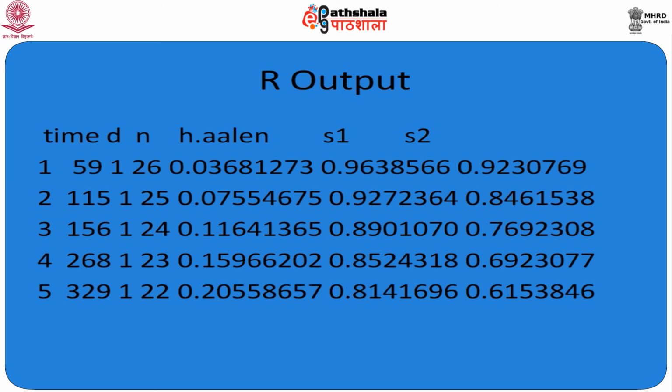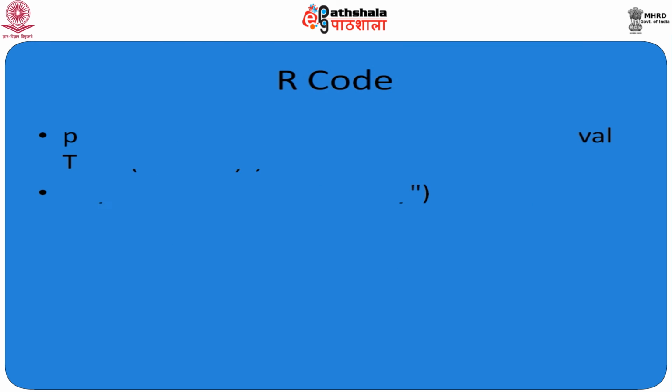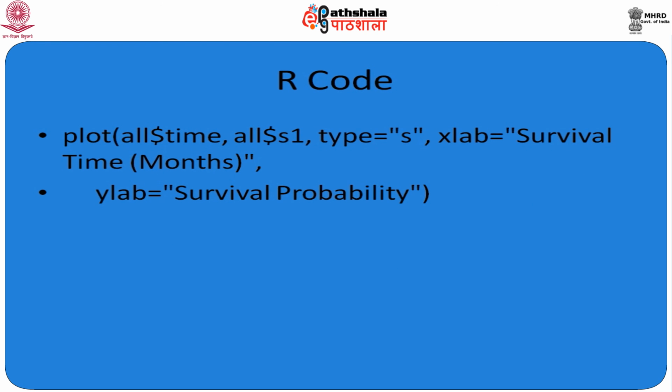So it's very easy to compare the survival estimate observed through Kaplan Meier and Nelson-Aalen estimator, and this is assigned to all. Now this all we are calling to plot in the next slide, and the code is like all of time and all of S1, type is equal to S, to get the line follow up, and here we are labeling the x axis as survival time in months, and the y axis as survival probability.